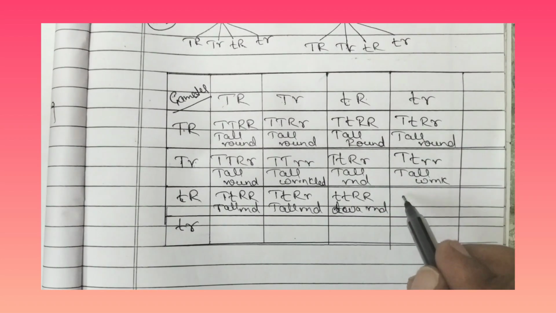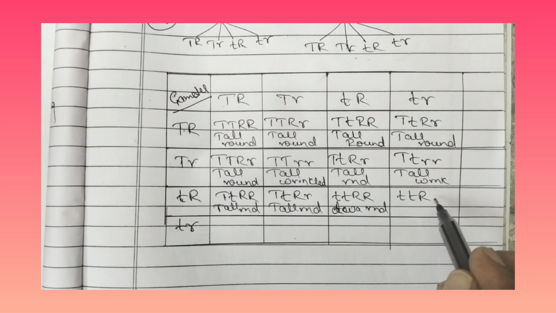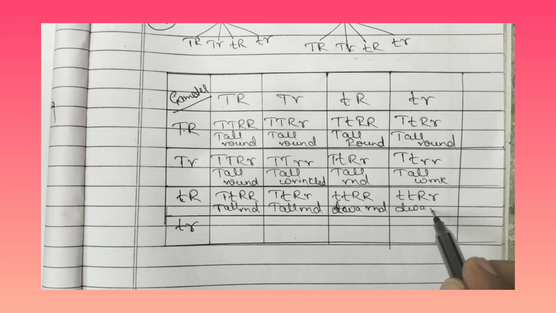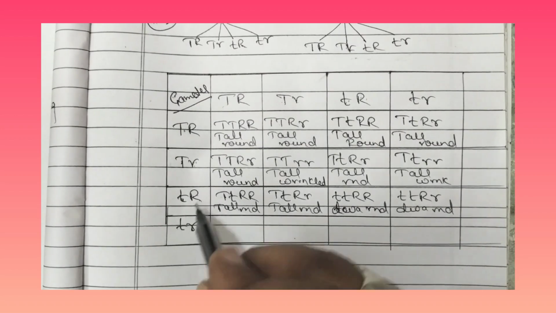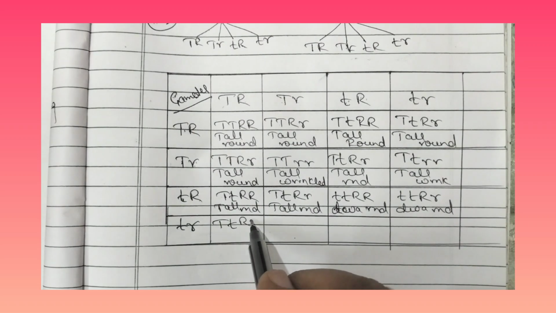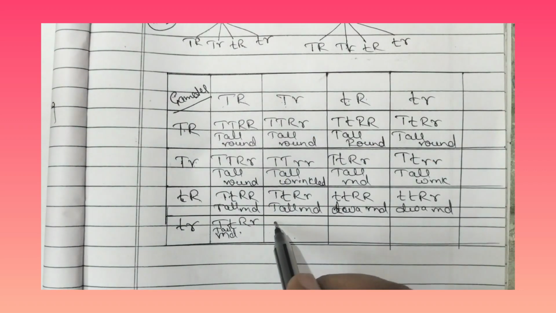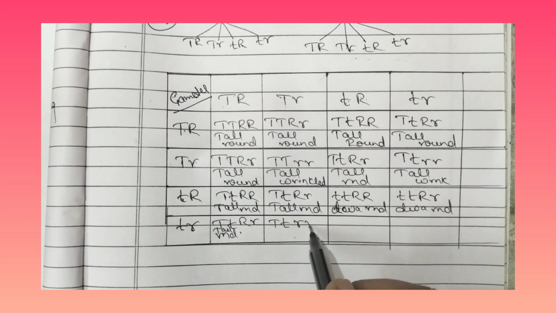Small t, capital R, small r. So it will be dwarf, round. Small t, capital T, small r, capital R. It is tall, round. Small t, capital T, small r, small r. It will be tall, wrinkled.